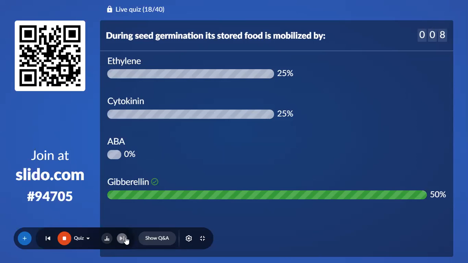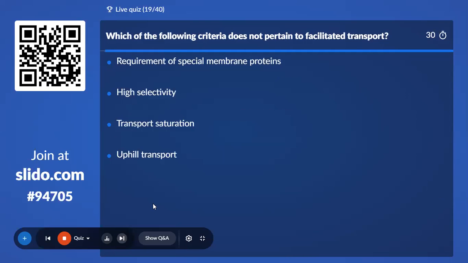19th question on the screen. Which of the following criteria does not pertain to facilitated transport? Option A, requirement of special membrane protein. Option B, high selectivity. Option C, transport saturation. And option D, uphill transport. 7 seconds remaining.